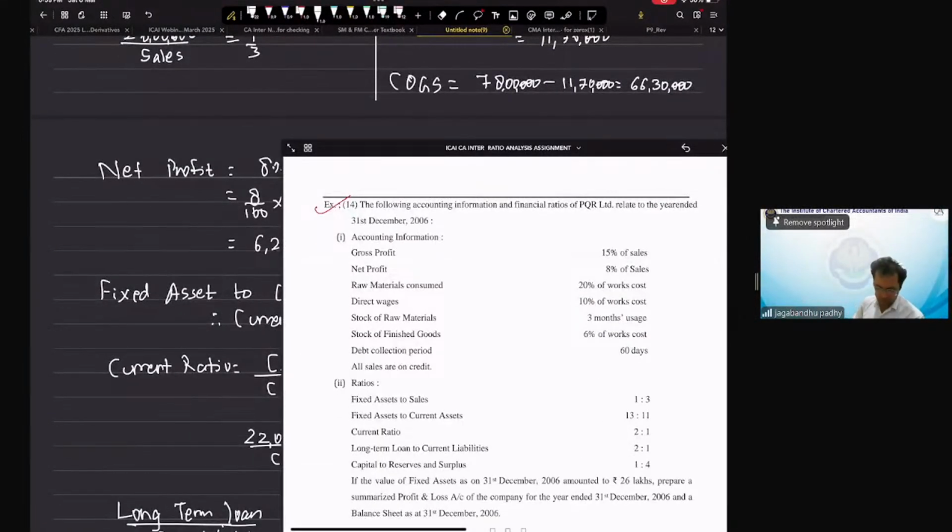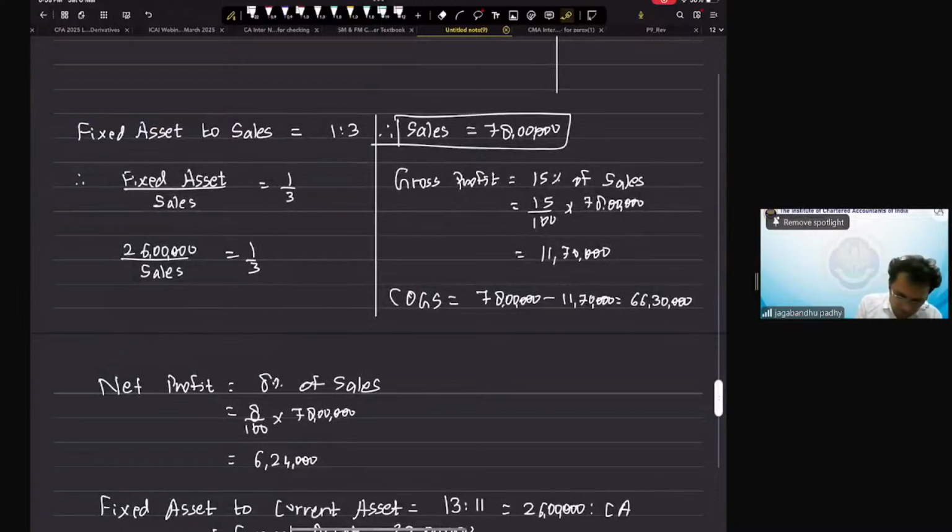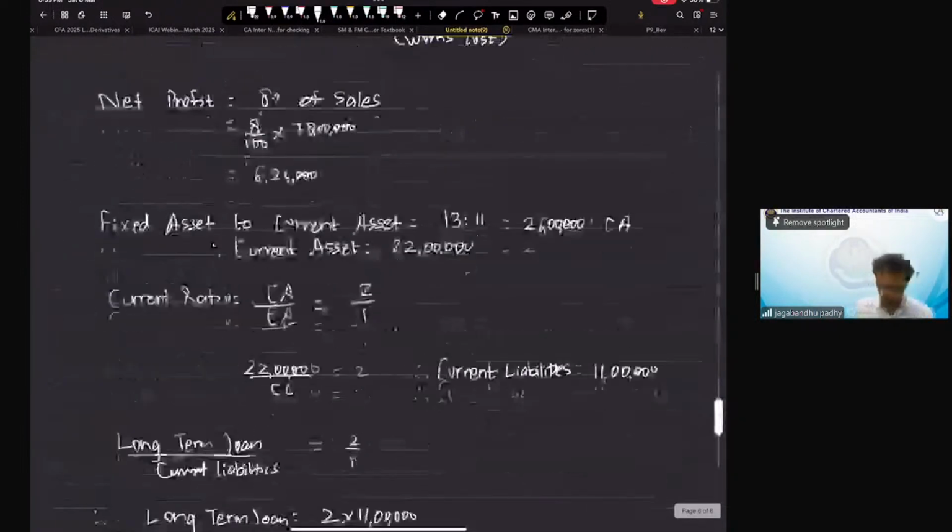But how do we go about this? 60% of works cost is your finished goods stock, 3 months usage is stock of raw material. Now, how do we get that works cost? Let us assume that whatever COGS we have got, that's actually your works cost. So COGS is basically your works cost.